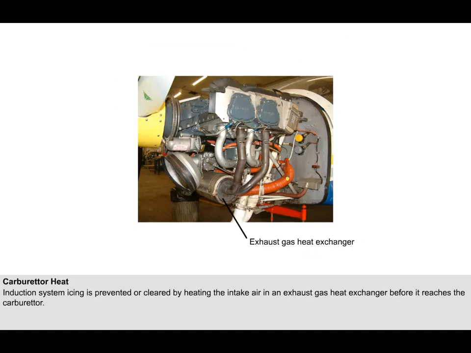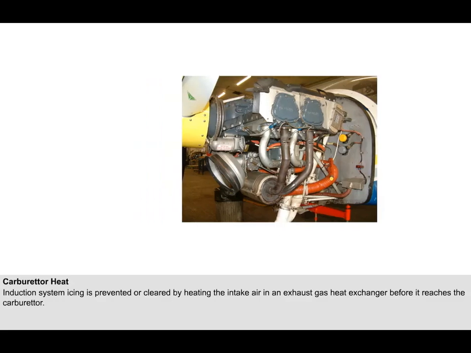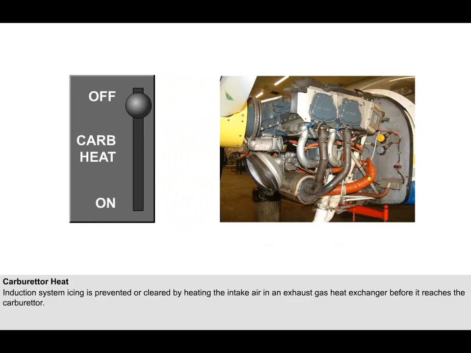Induction system icing is prevented or cleared by heating the intake air in an exhaust gas heat exchanger before it reaches the carburetor. The system is known as carburetor or carb heat. The air supply is usually controlled by use of a manually operated carburetor heat control, marked hot and cold or on and off.